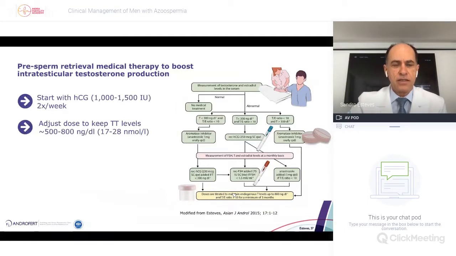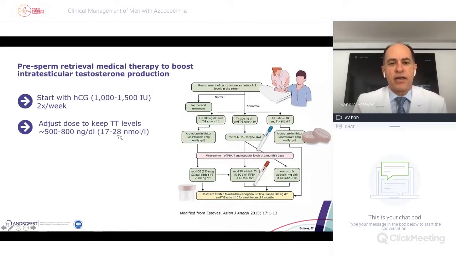We use HCG subcutaneously. I prefer giving these patients recombinant HCG because it's very easy to control and the patient can self-administer. I adjust the dose of HCG to keep the total testosterone levels, which I check monthly, around 500 to 800 nanograms per deciliter. If you use the units as nanomole per liter, it should be between 17 and 28.